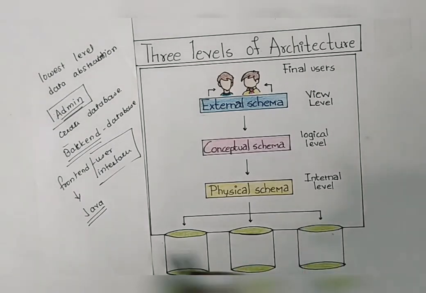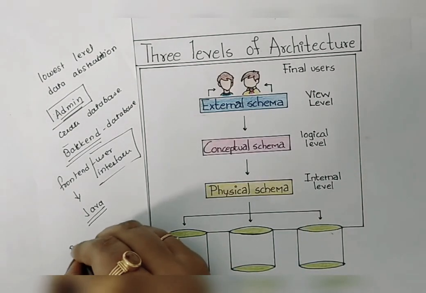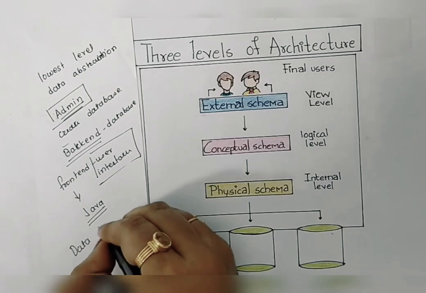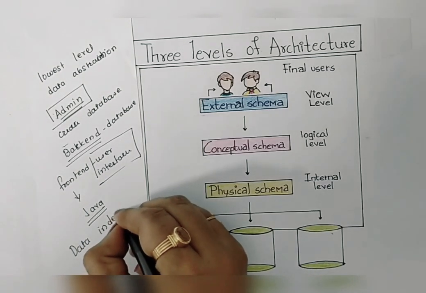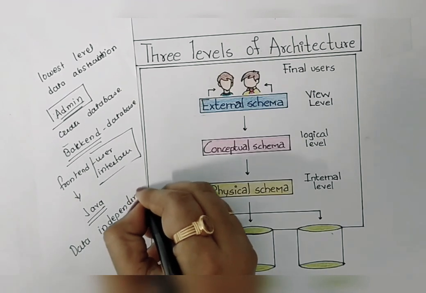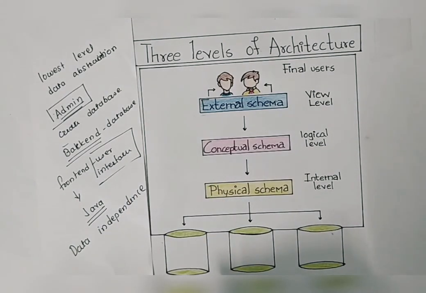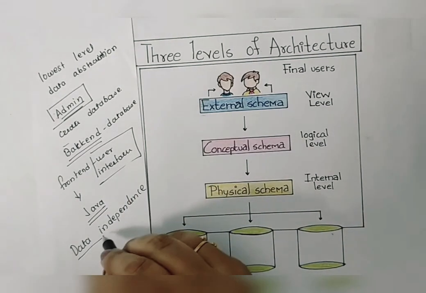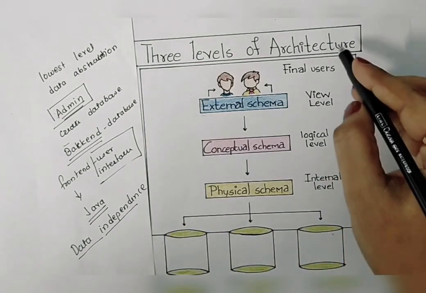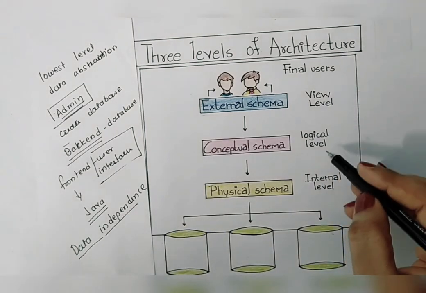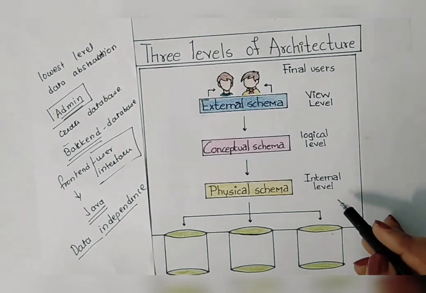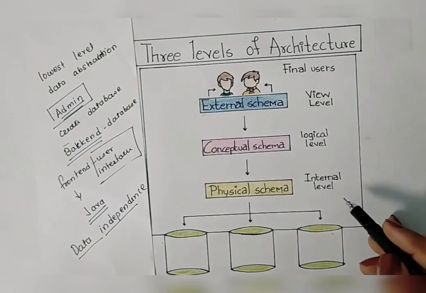This concept is called data independence. This data independence concept is implemented in these 3 levels of architecture of DBMS.